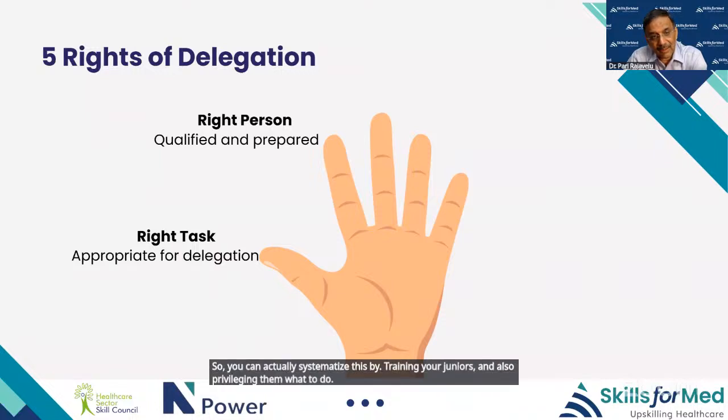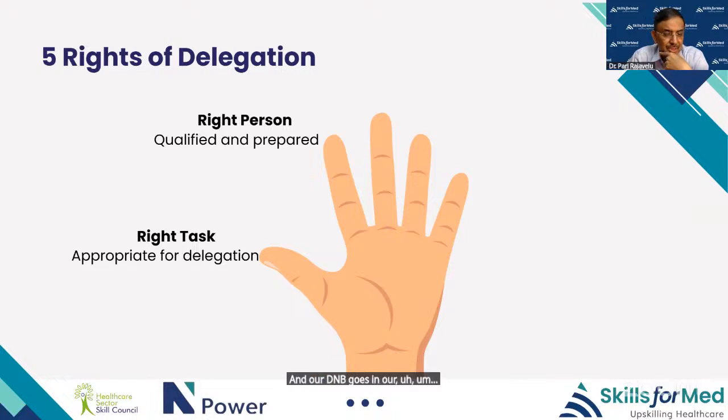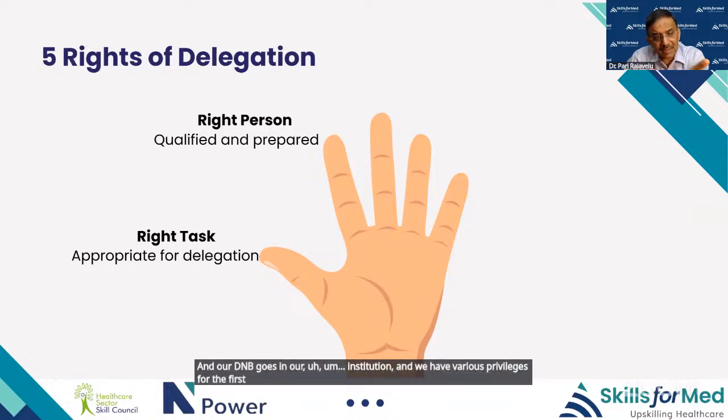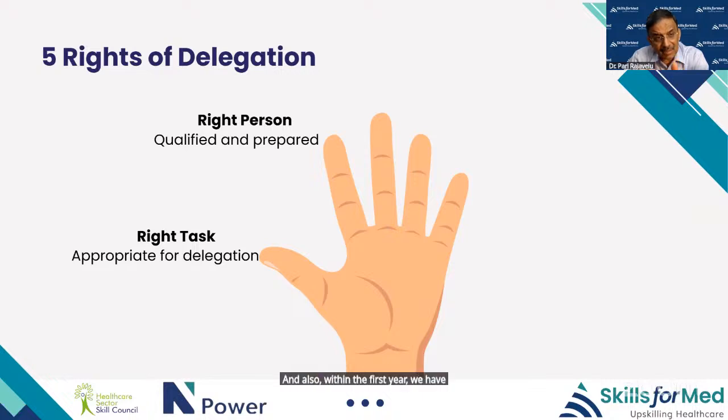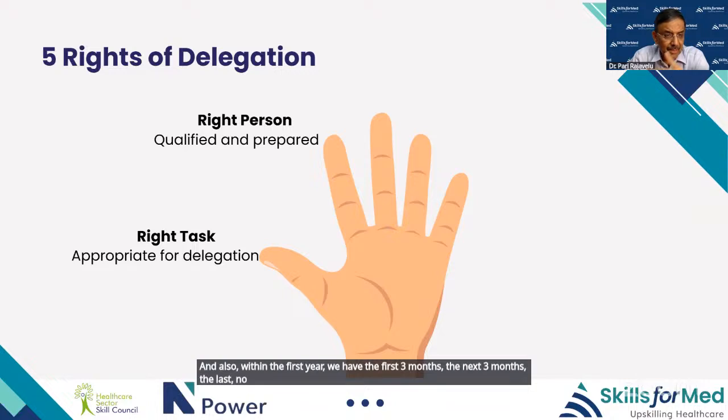Now we run a DNB course in our institution, and we have various privileges for the first years, second years, and third year PGs. Also within the first year, we have the first 3 months, the next 3 months, the 6 to 9 months, and the last 12 months, because they keep on increasing.